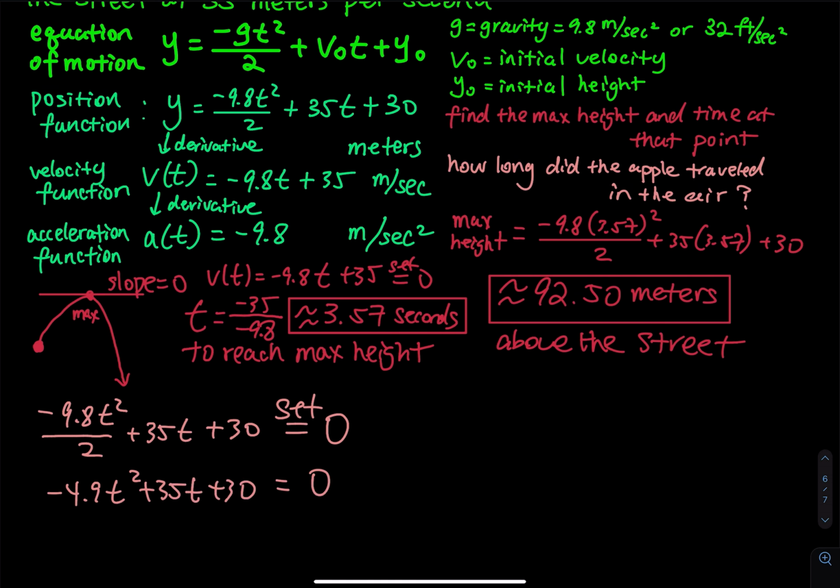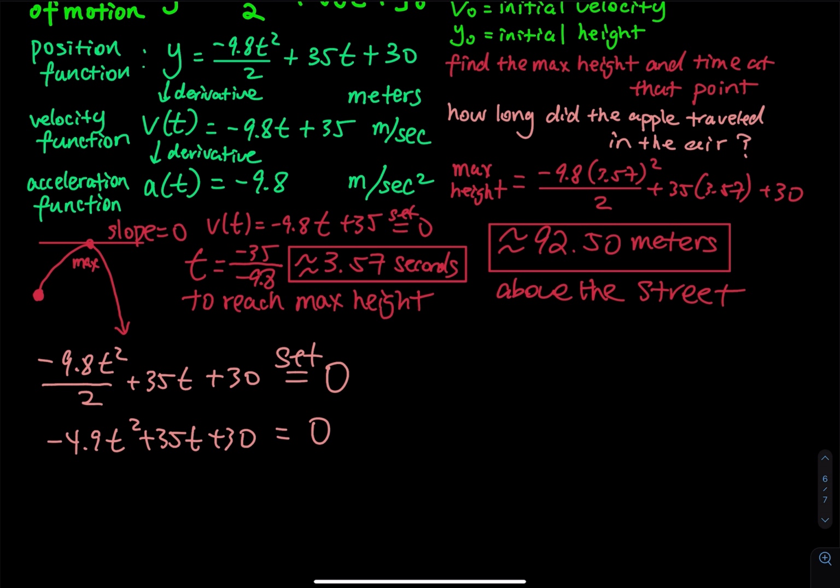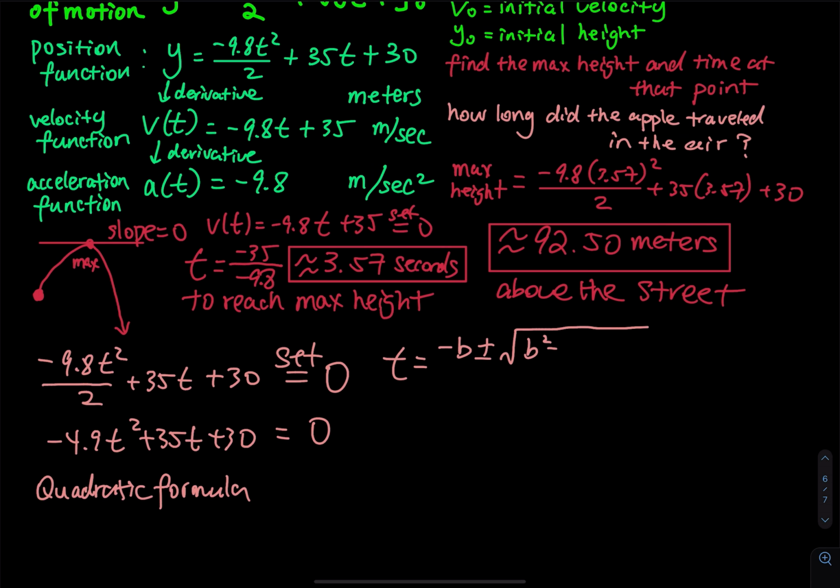This one cannot easily be factored. It can be factored, but it will take a lot of work. So in this case, we will just use the quadratic formula. For the quadratic formula, t equals negative b plus or minus the square root of b squared minus 4ac, divided by 2a.